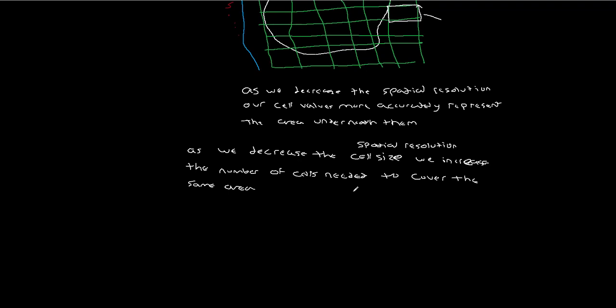Okay, why does that matter? Well, when we're dealing with computers, each cell value takes up space on a hard drive. It's what we call memory. So as we increase the number of cells, we increase the data volume. We increase the amount of space on a computer needed to hold it and the amount of time it takes to deal with it.